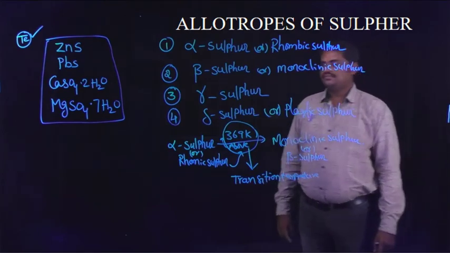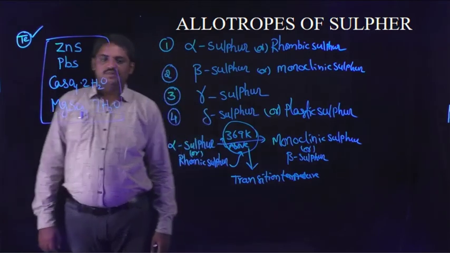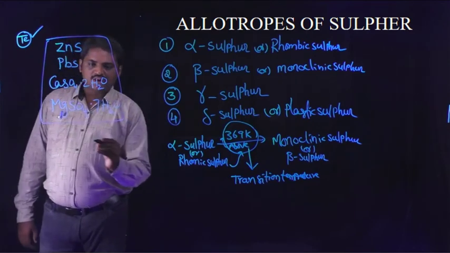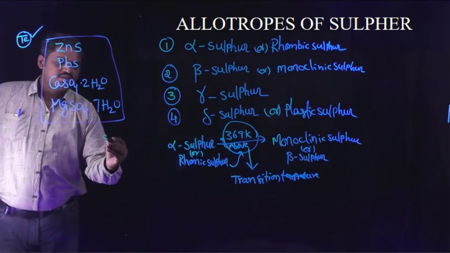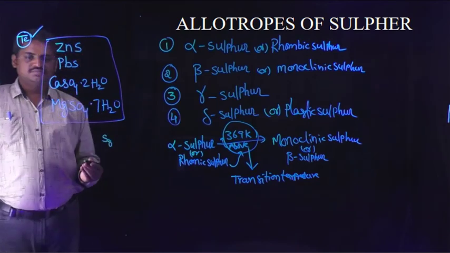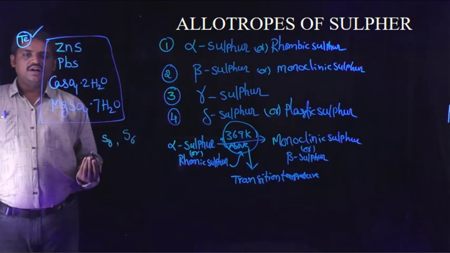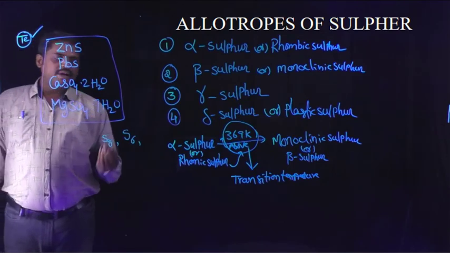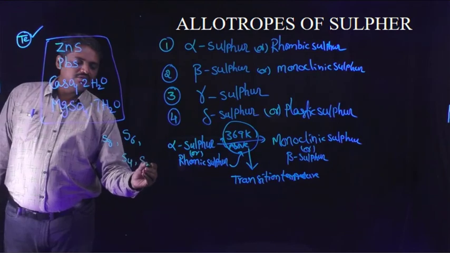Next, the molecular formulas of these allotropes. Some of the allotropes exhibit the S8 form, a few exhibit the S6 form, and very few minute allotropes exhibit the S4 and S2 forms.